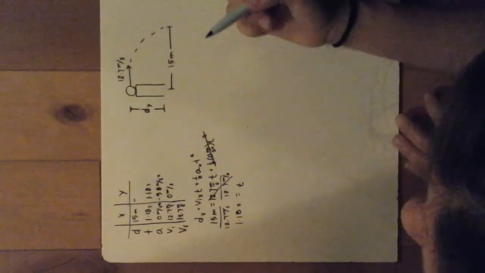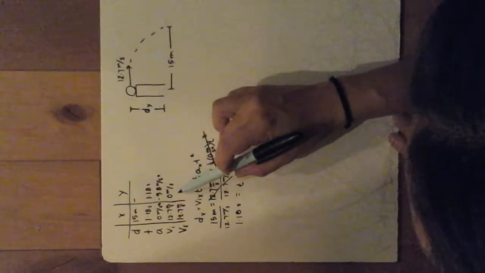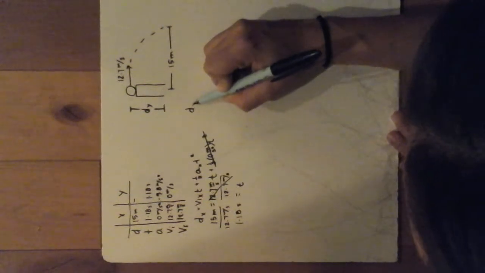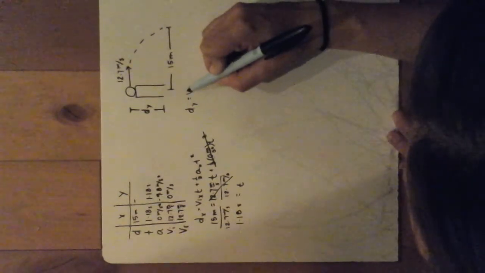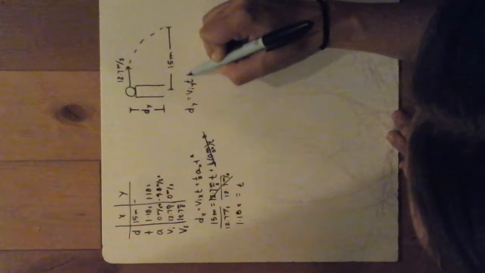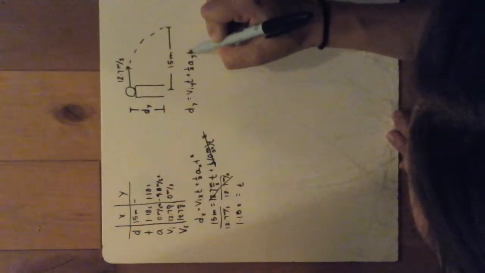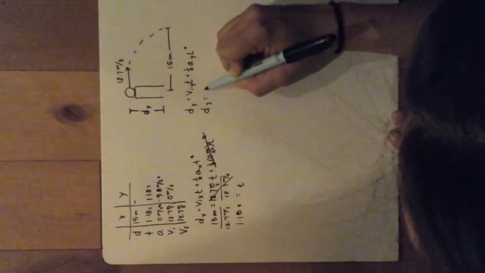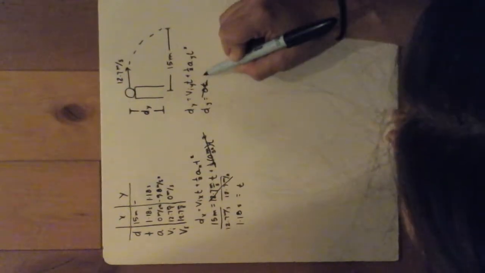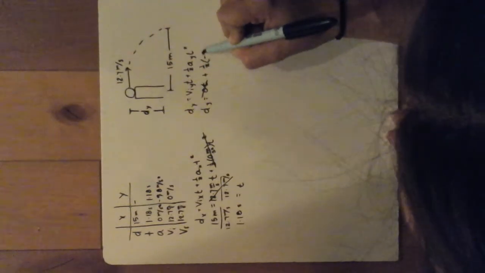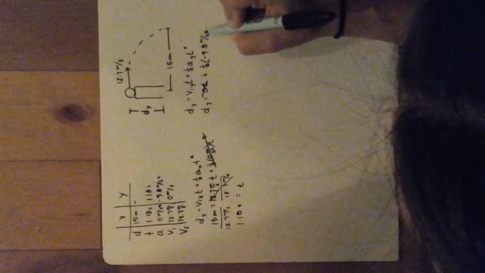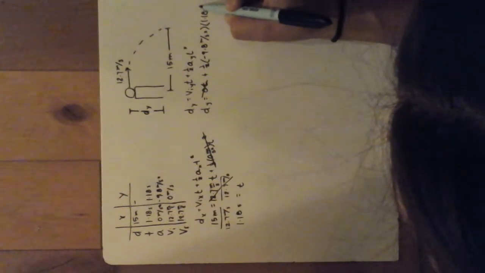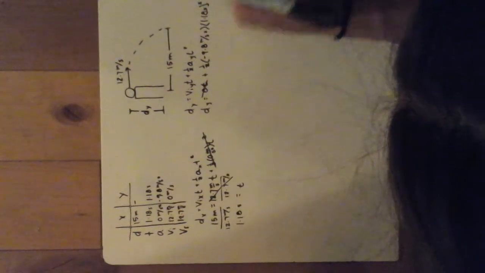We need to use the second equation again because we don't have final velocity. So I'll say dy equals the initial velocity, 0, times time, that'll just cancel, plus 1/2 of the acceleration times the time, which is 1.18 seconds, squared.